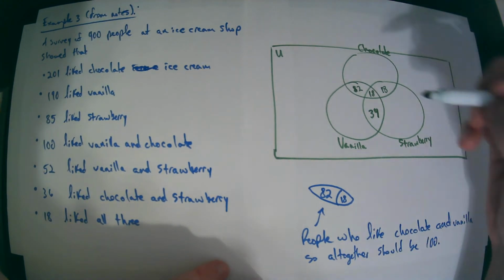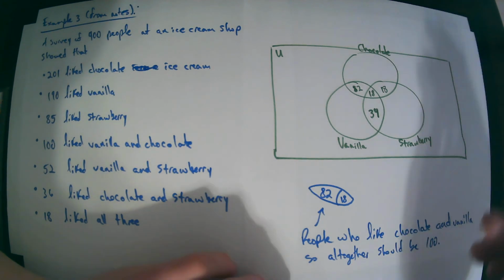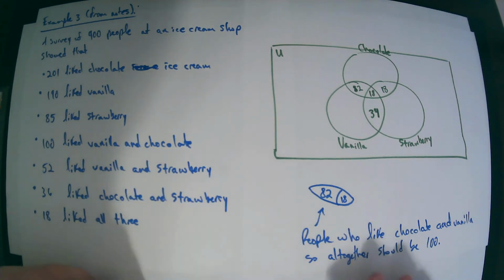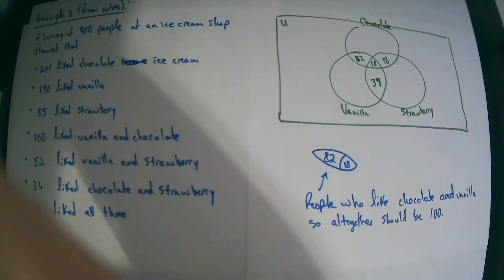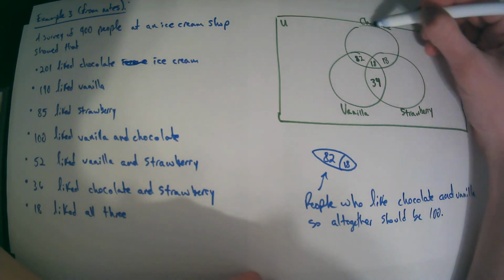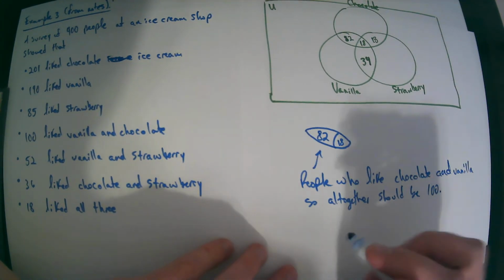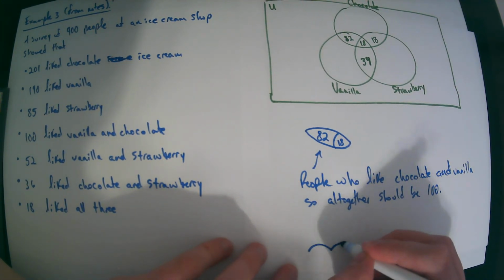Now, this last position in each of these circles, let me draw it. Let me draw one of the shapes. So for instance, this chocolate circle. Well, not a circle, this kind of shape.